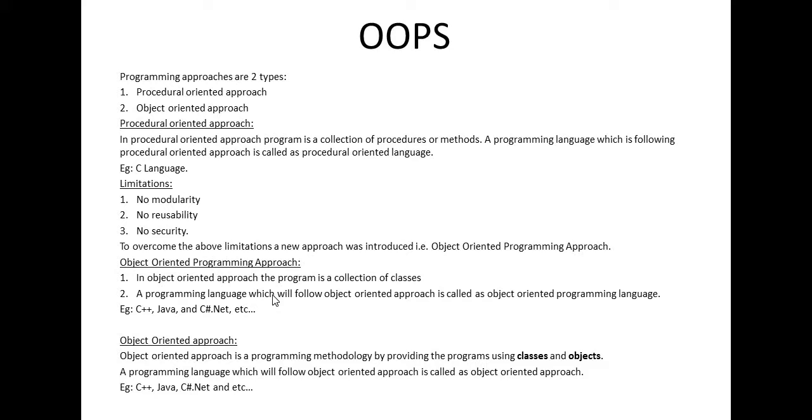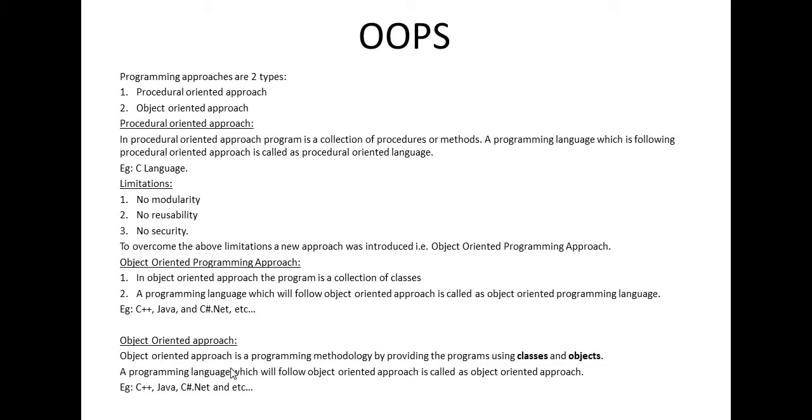So the object oriented programming approach will contain a collection of classes and objects. Whenever we are developing a project or program, wherever in the group of statements we use classes and objects, that is called the object oriented programming approach.